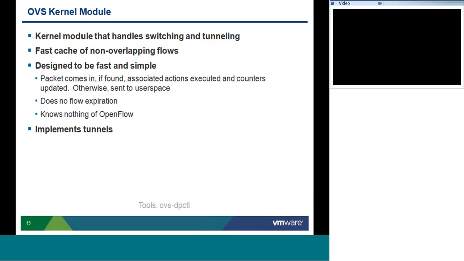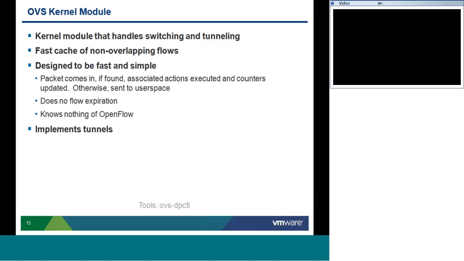So the question was about how encap and decap is handled, and that's all handled by the kernel module. It's not handled by a daemon in user space or anything. Some of this has changed. We used to have our own tunneling implementations in the kernel module that shipped with OVS. We've been working on abstracting the tunnel interfaces in the kernel so that we use those.